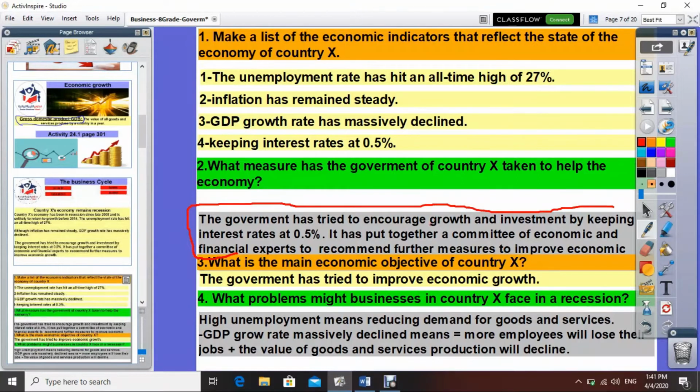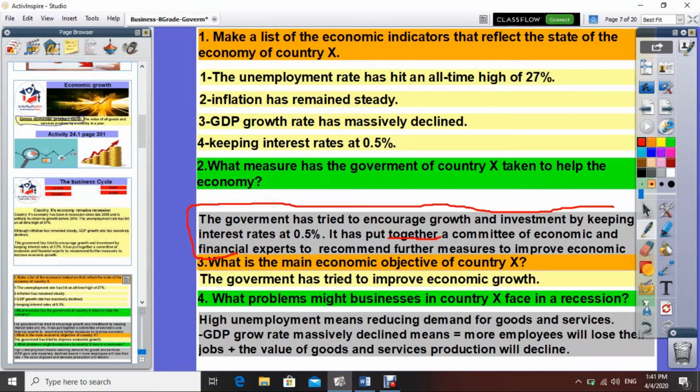Listen carefully, guys: it has put together a committee of economic and financial experts to recommend further measures to improve the economy. Question number three asks what the main economic objective of country X is. The government has tried to improve economic growth, guys.